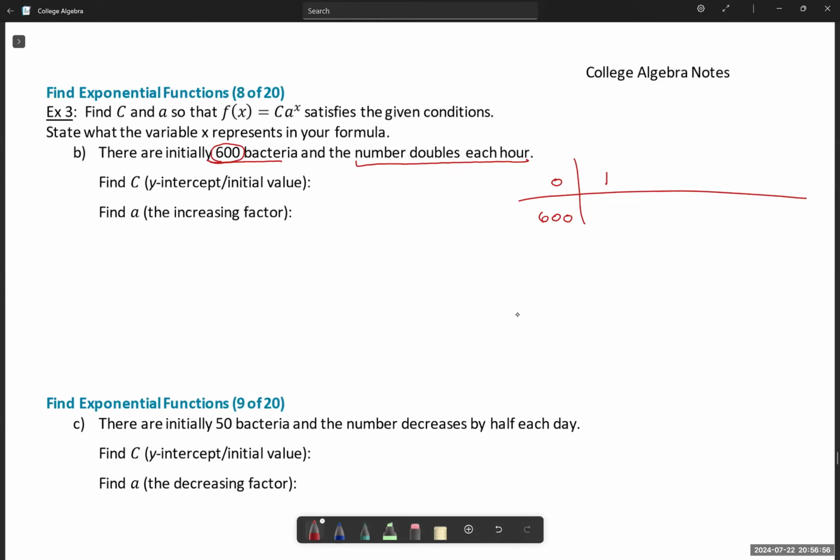And then another hour, it's going to double more. So 2400, 4800, and so on. So when I'm writing this out, my initial value, C, is 600. That's what I started with. And it's doubling. That means 2. So f of x equals 600 times 2 to the x power, where x is the number of hours.